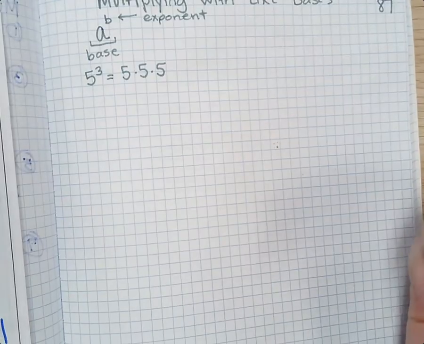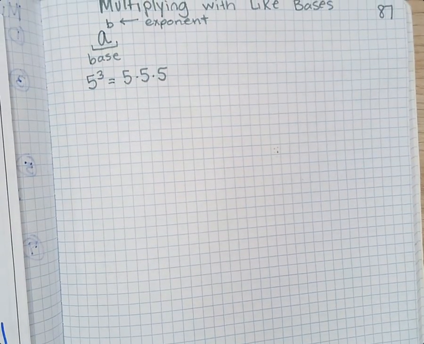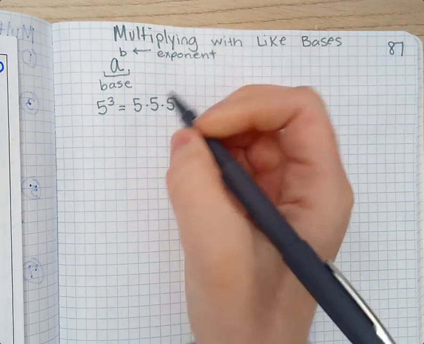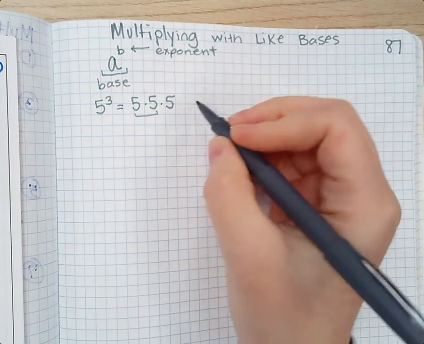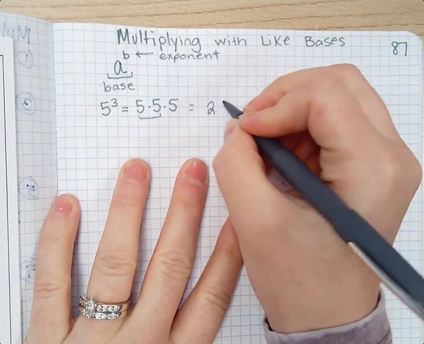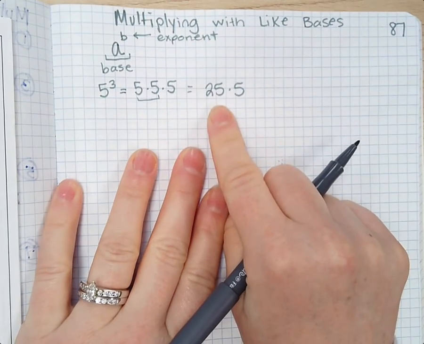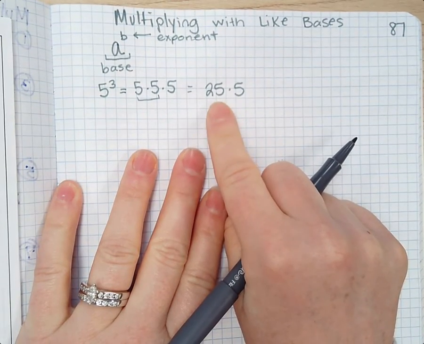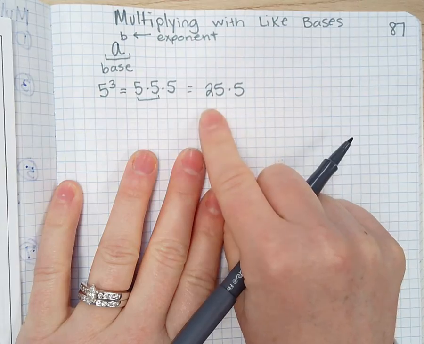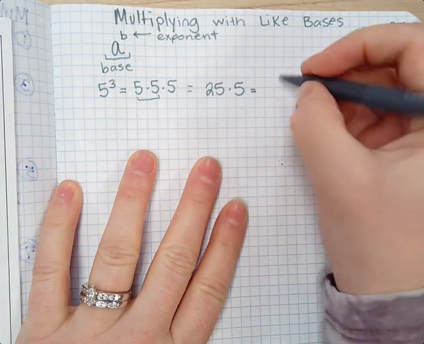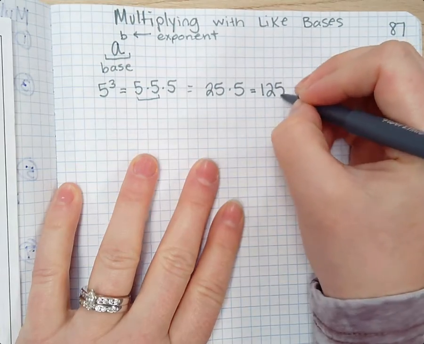So doing this in our head, how would we think about that? 5 times 5 equals 25. So 25 times 5. Anytime you have 25, think about quarters. You have 5 quarters. How much is that? $1.25. So we'll put 125.